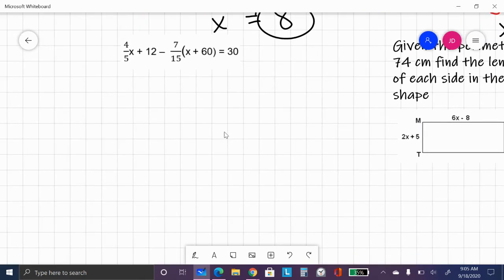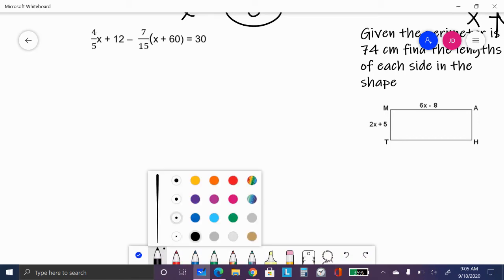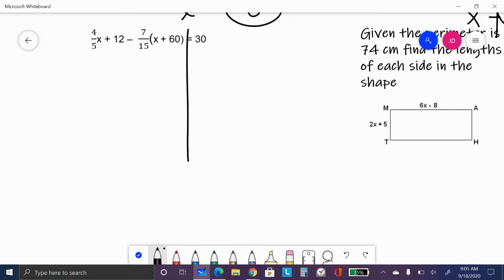You know how to throw in fractions. So again, we have parentheses, so I have to multiply this by the numbers inside. Negative 7/15 x.